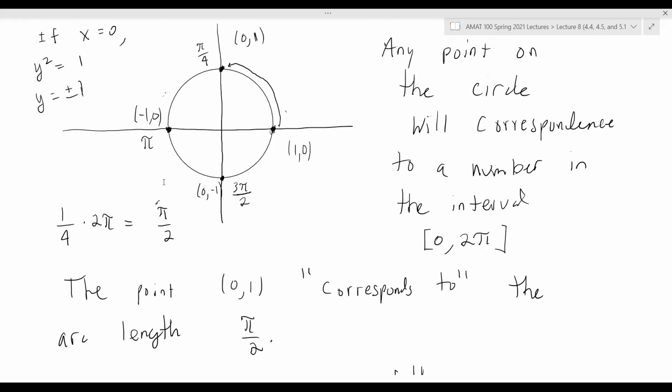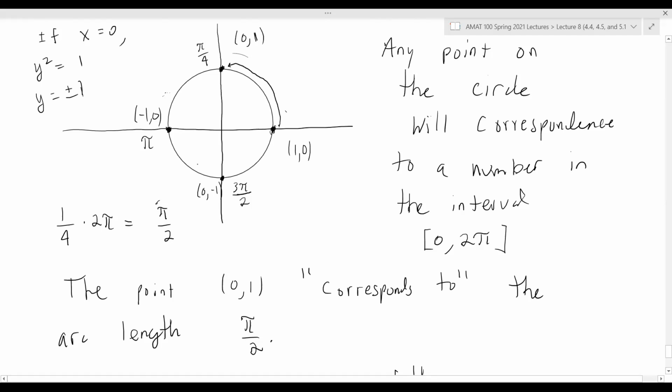So in that case, we would care about distance. But here we just care about displacement. That is, where did we end up? We don't care about how far we traveled, just where we end up. And that's where this correspondence breaks down a little bit, because suppose you travel around the circle twice.